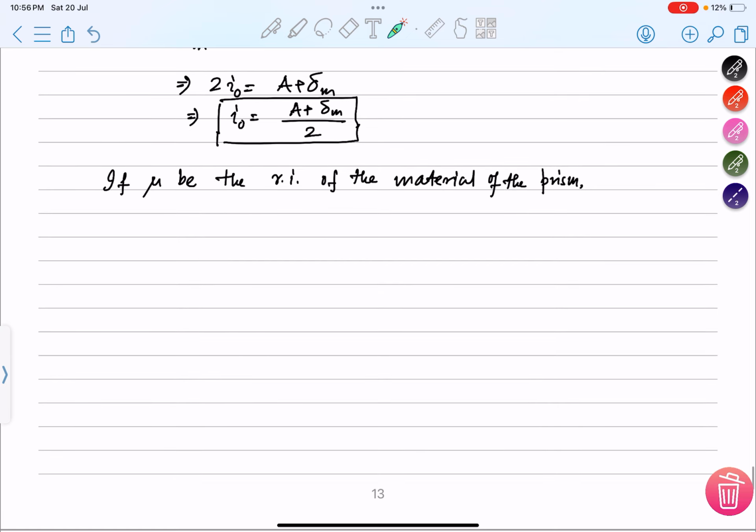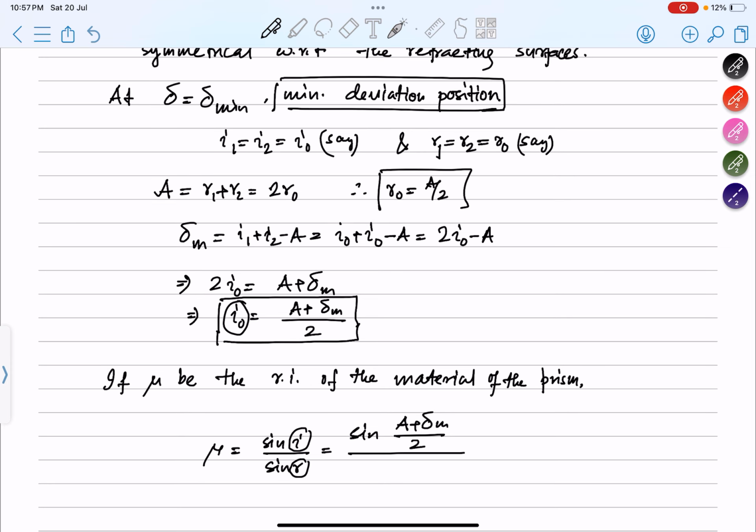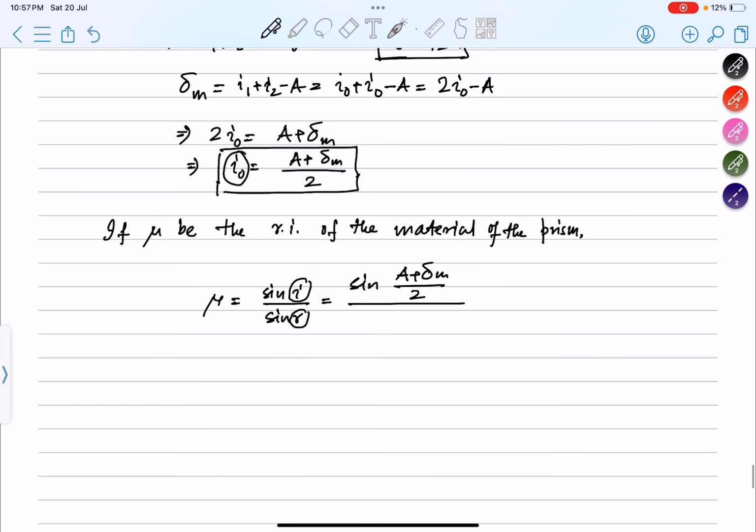I can write that mu is equal to sine I upon sine R. So sine I is having the value of this I0, that is sine (A plus delta M) divided by 2, and sine R is having the value of R0, which is A by 2. So let us put sine R0 here, so sine A by 2.